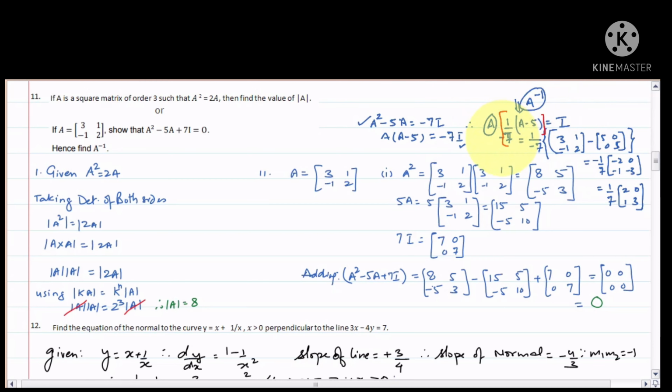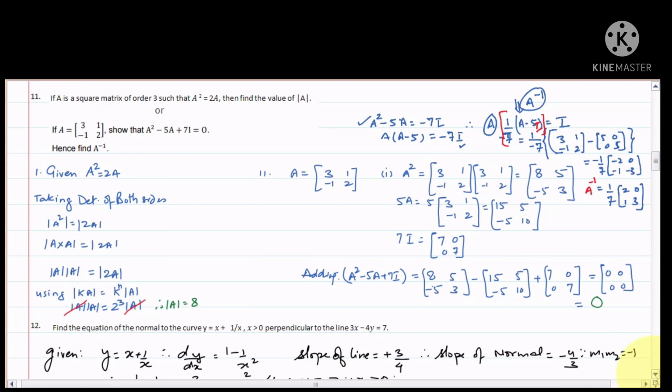So we can find out A inverse. So it is 1 upon minus 7 into (A minus 5I). 5 means it is 5I. So doing this manipulation, we get the answer as 1 upon 7, 2, minus 1, 1, 3. This is what is A inverse.